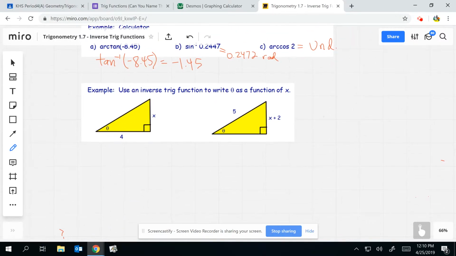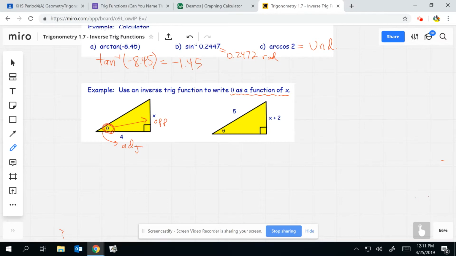The last ones are just asking us to write the theta angle as a function of x. How would you solve for this angle if you had both sides given to you? In this picture, the opposite side is x, and the adjacent side is 4. So we have OA. We're going to be reviewing SOHCAHTOA again next section.